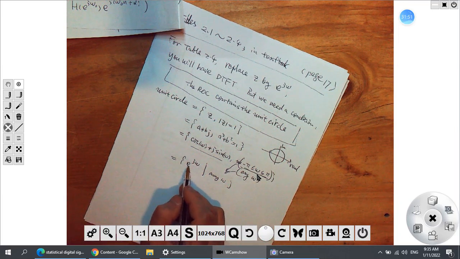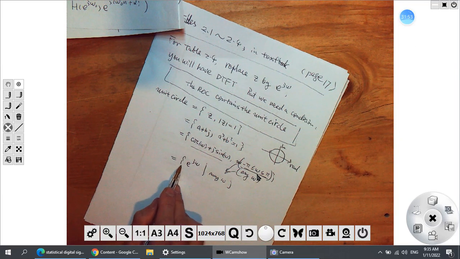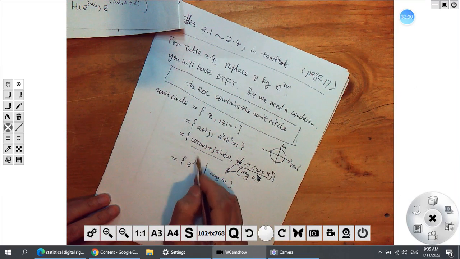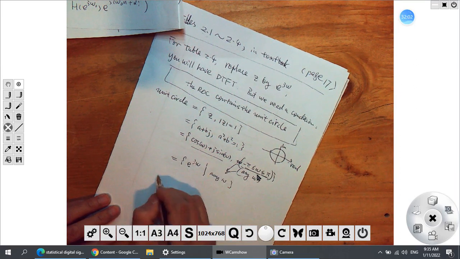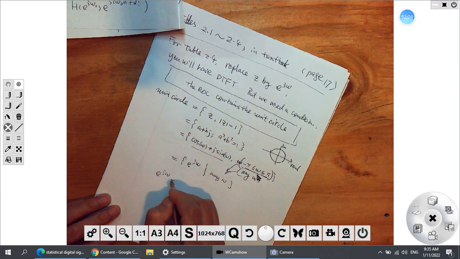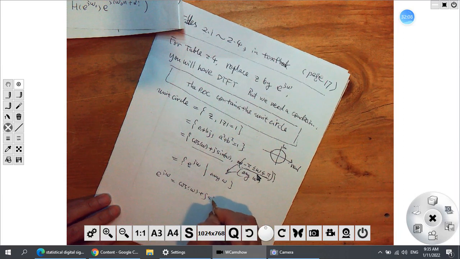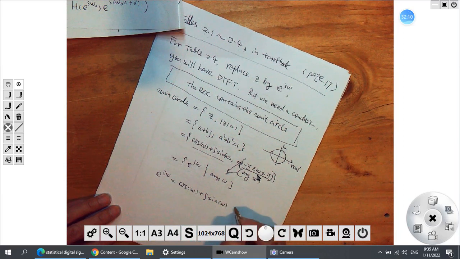The unit circle is the set of all of these e to the j omega. This one is the Euler formula. e to the j omega equals cosine omega plus j sine omega. This is the Euler formula.